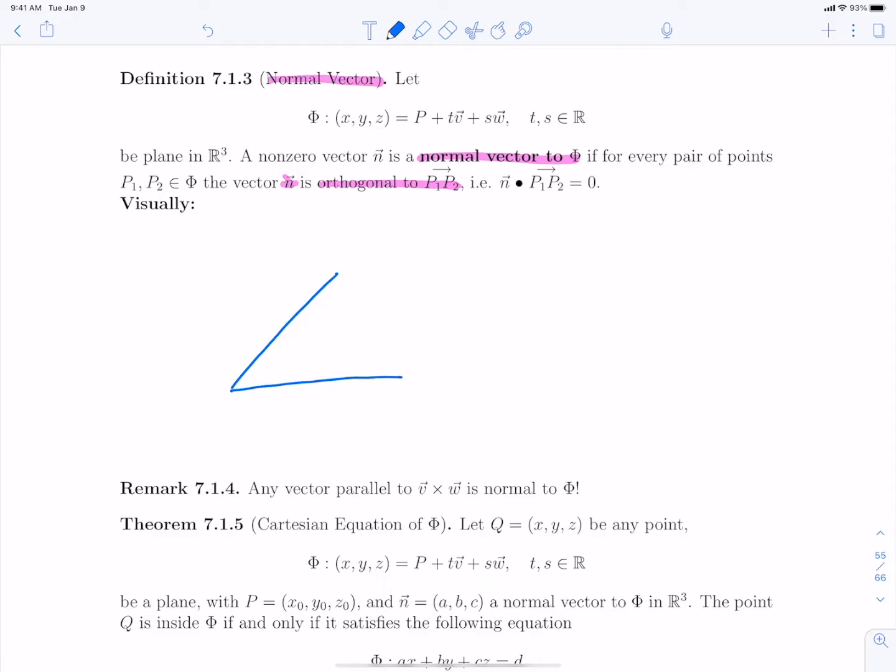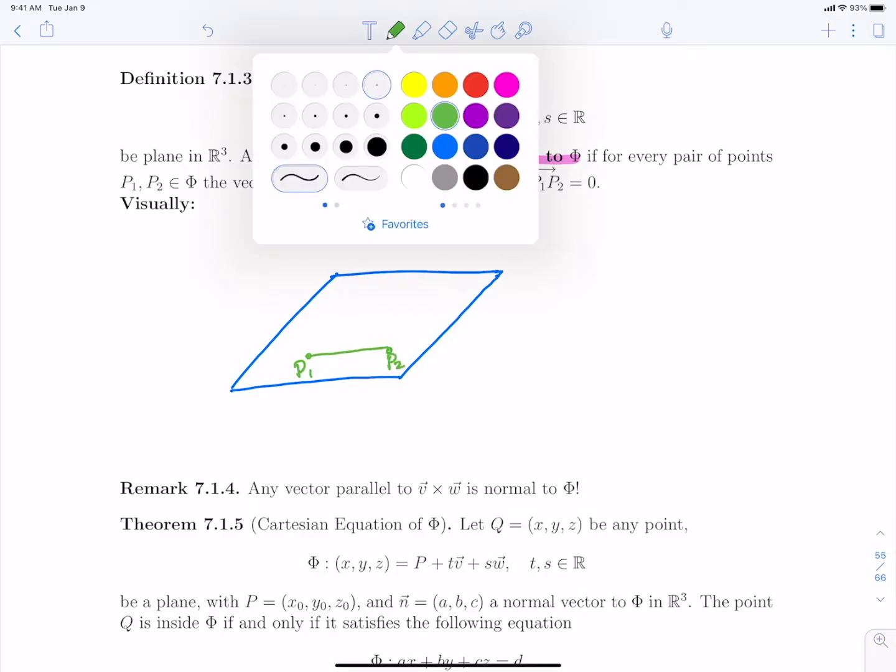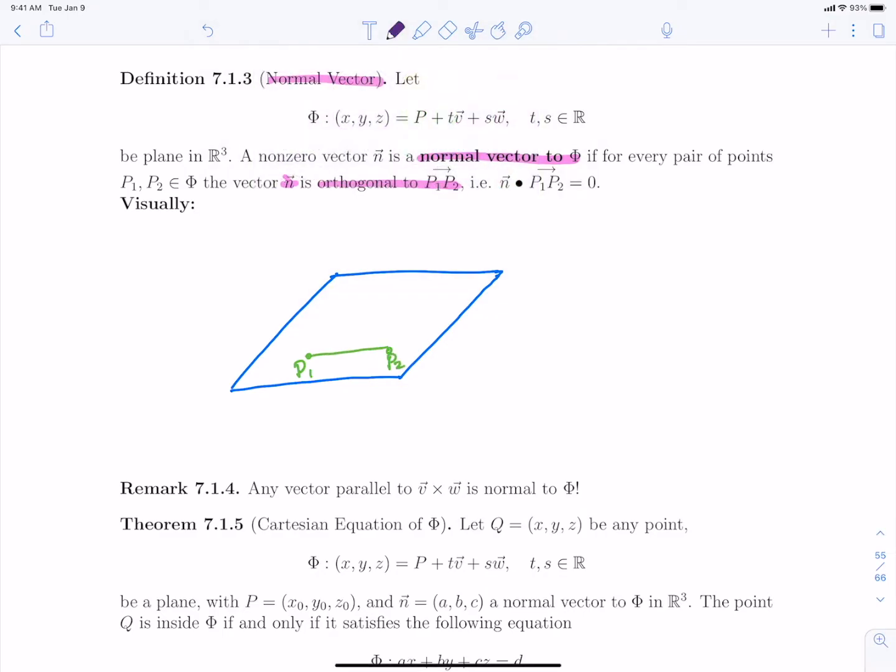Or essentially, the normal vector to phi is orthogonal to the plane. So if I have a plane and I've got point P1, another point P2 here, my normal vector will be a vector that is orthogonal to my plane.